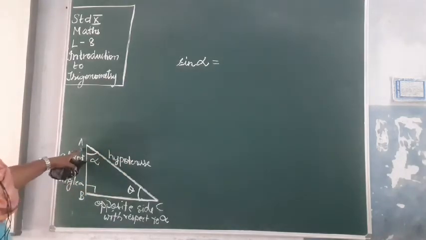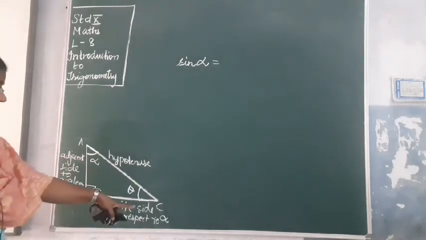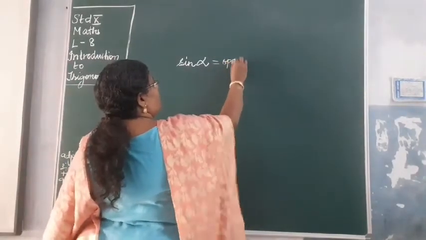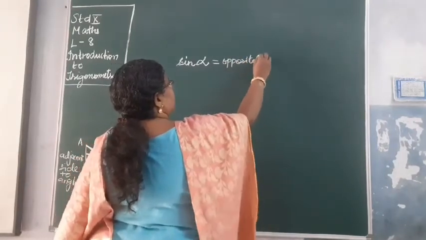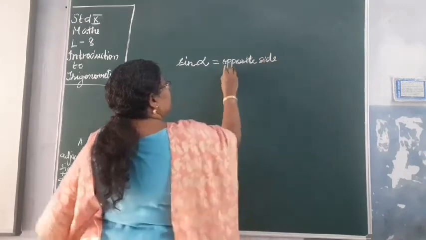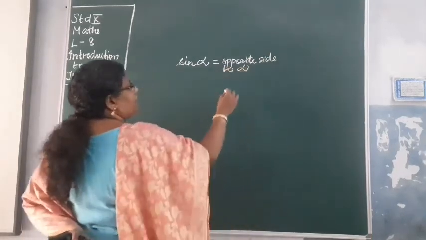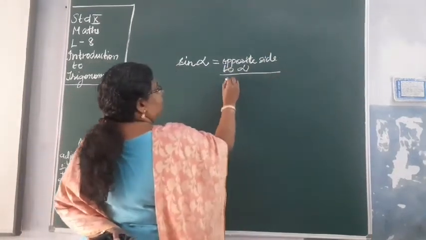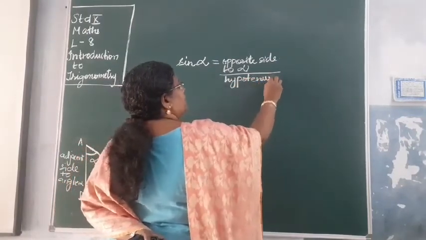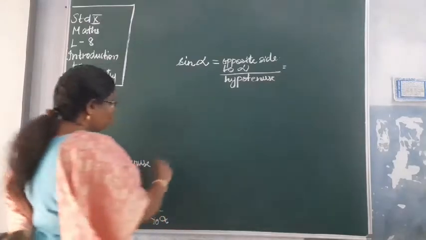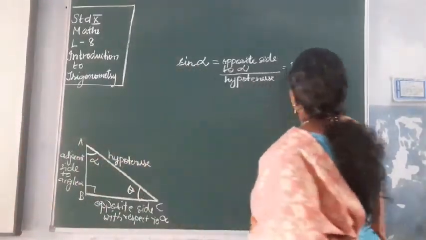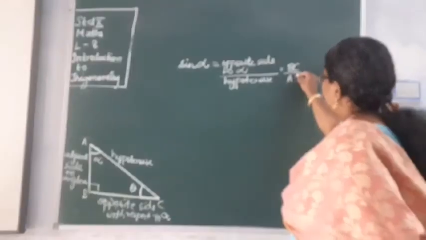Now what will it be? Sin alpha, opposite side कौन सा हो गया? BC हो गया. So opposite side to alpha upon hypotenuse. Opposite side to alpha is BC, अगर हम उसको represent करें तो BC by AC हो जाएगा.